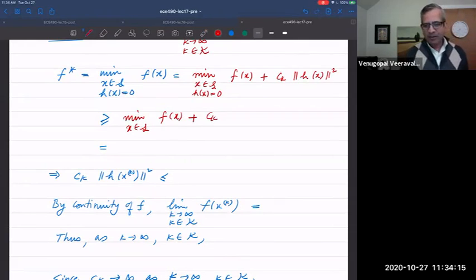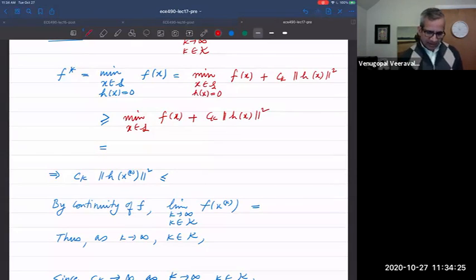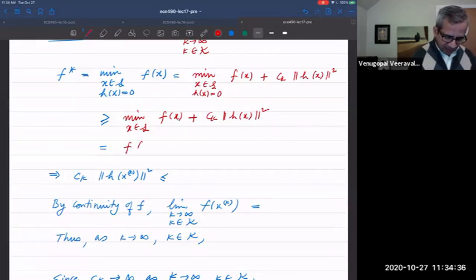Or not smaller, but it can't be larger. So greater than or equal to. But this is exactly what we called xk, right? xk is the minimizer for this sum. So this is f of xk plus ck times the norm of h of xk squared.